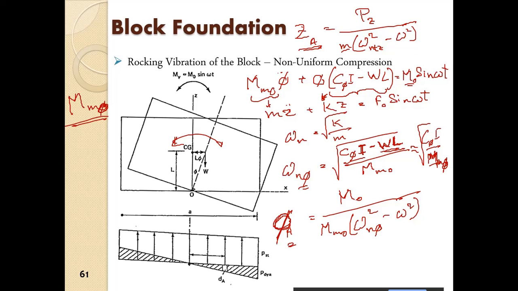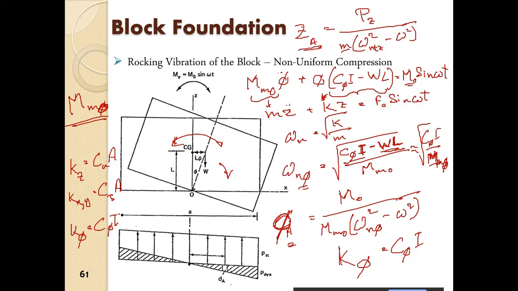In that case, as you see, we can write k phi is equal to C phi into I. So kz we have obtained as Cu into A, kx or y we have obtained as C tau into A. But in case of rotation we have k phi equal to C phi into the moment of inertia of the area, the area moment of inertia of the base of the foundation about the axis of rotation.